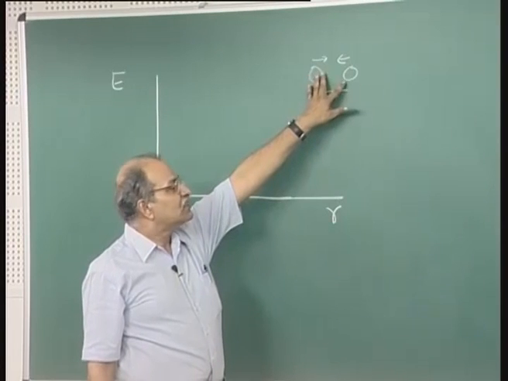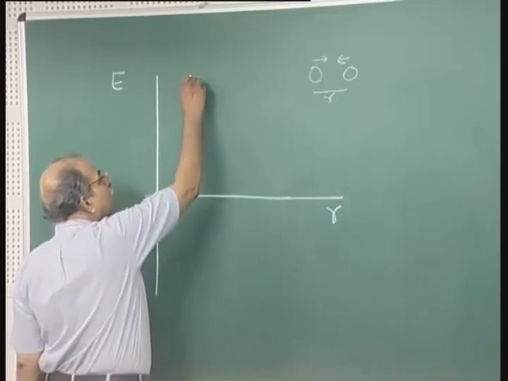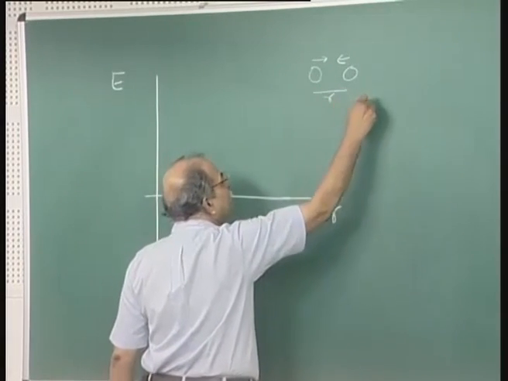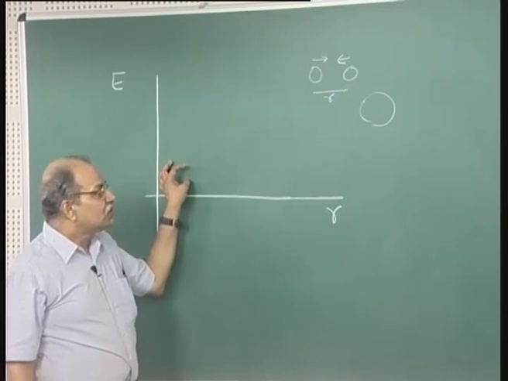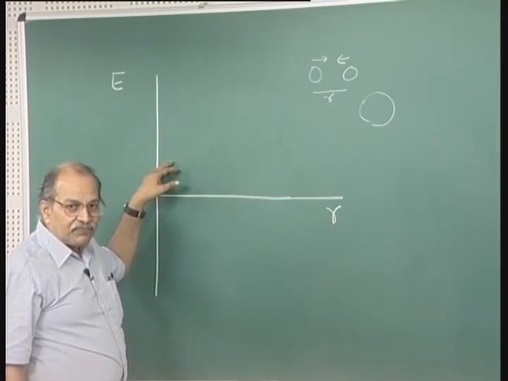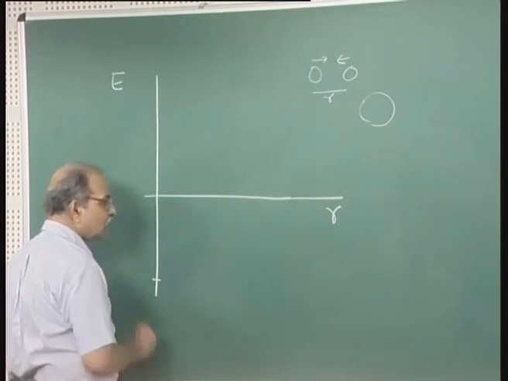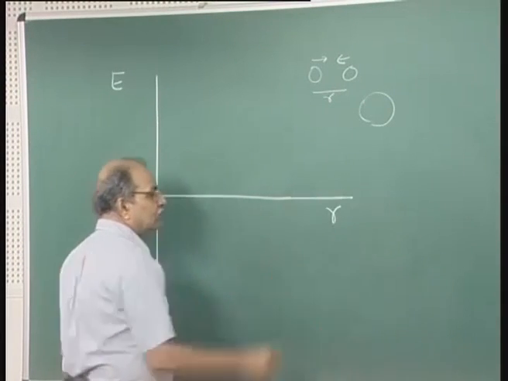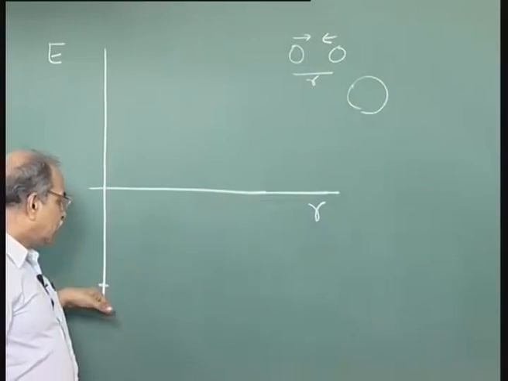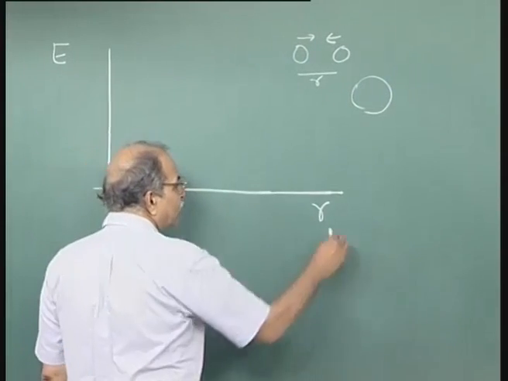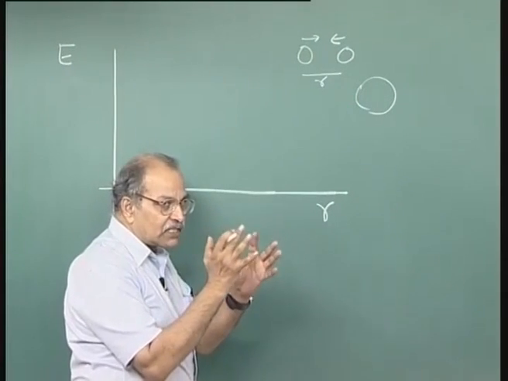You have to take care of the rest mass energy also. When they combine and form one big nucleus, r is very small, in the nuclear range, and the rest mass energy has gone down, so the energy will come somewhere here if I take this as 0. As compared to the rest mass energy of this, the rest mass energy of this is down. That is the Q value.